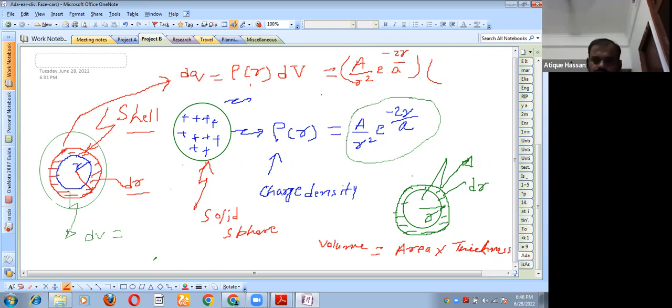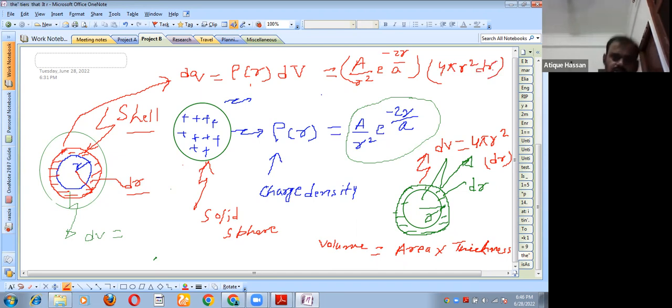So if we say its volume is dV, what will be its volume? Area is 4 pi r square and thickness is dr. So its volume will be 4 pi r square dr. Here we will put dV equal to 4 pi r square dr.